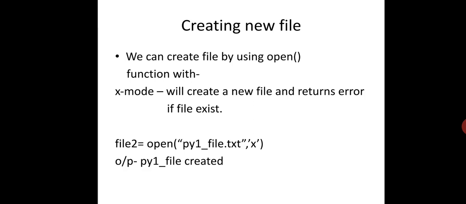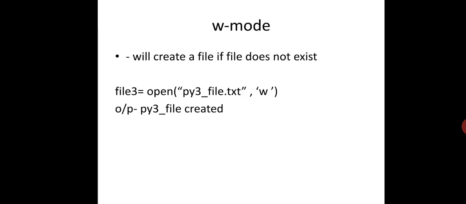Now our next mode is W mode. That means write mode will create a file if the file does not exist. The write mode will create a file if the specified file does not exist.